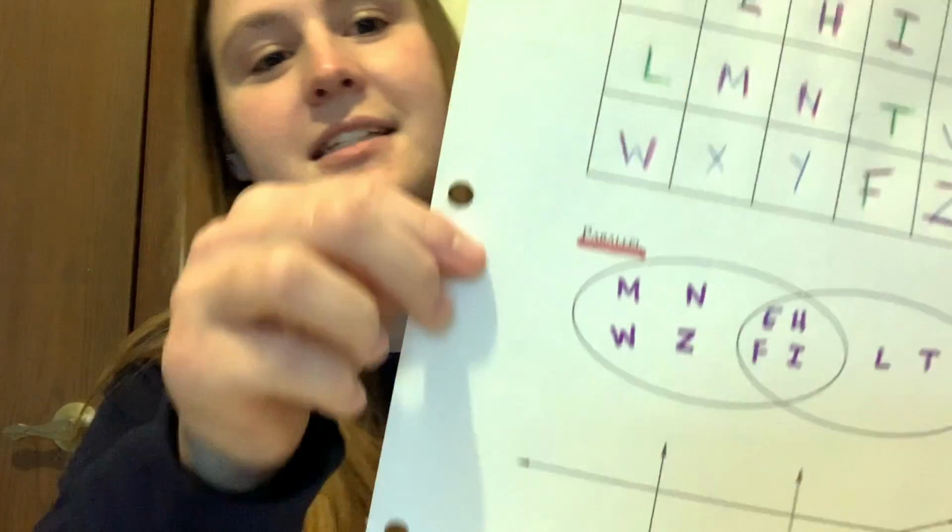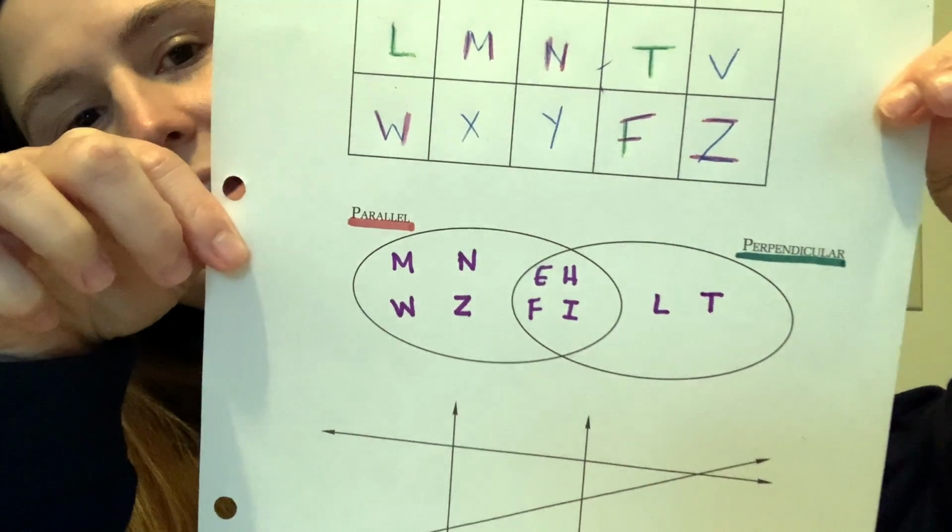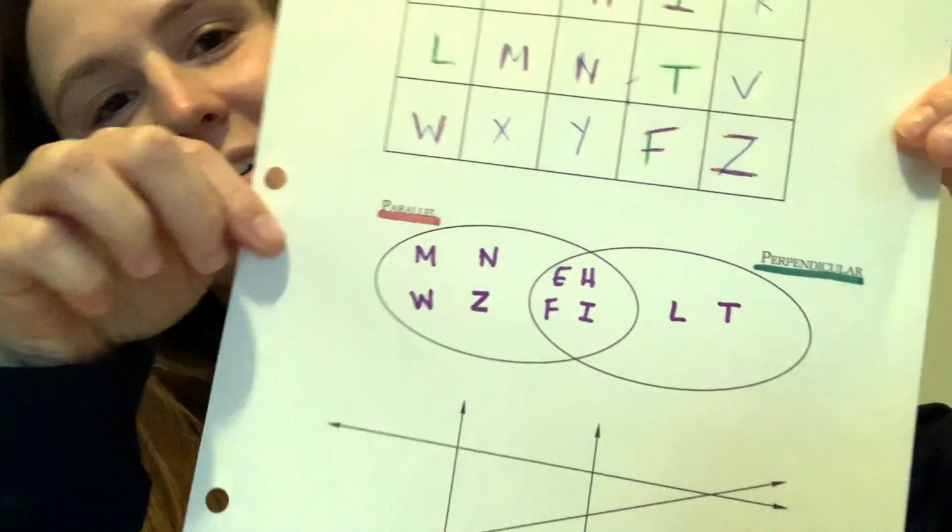Lastly, which letters only have perpendicular lines? Good job. L and T. Those are the only 2 that have only perpendicular lines, so we're going to stick those on the perpendicular side. Your Venn diagram should look like this, and we're going to move on to the next part.